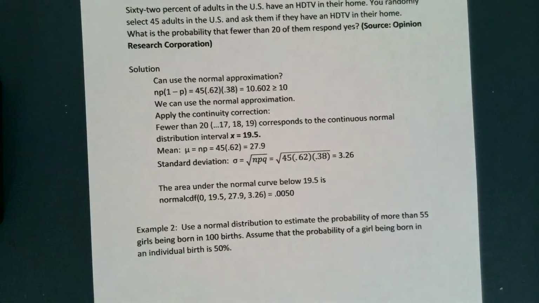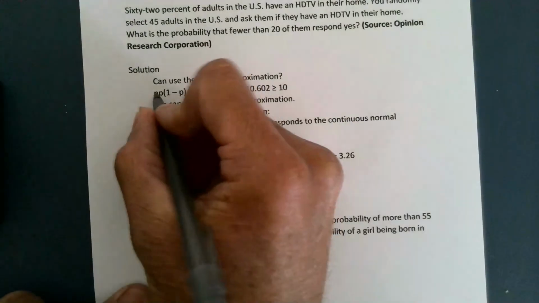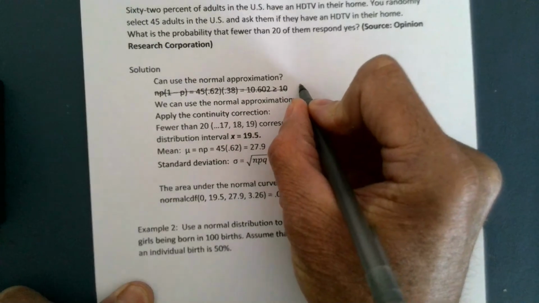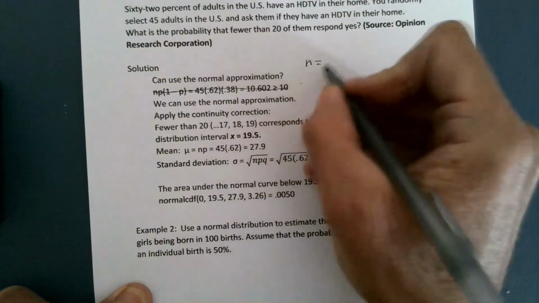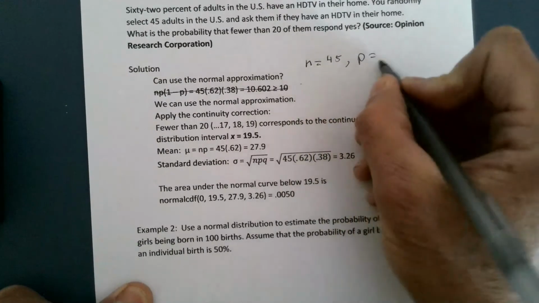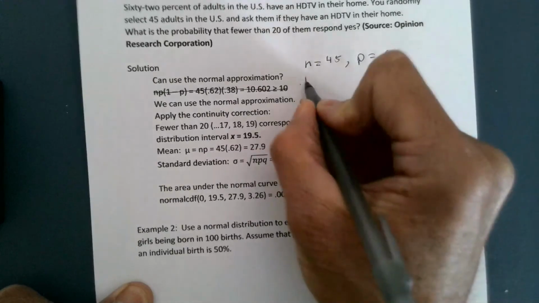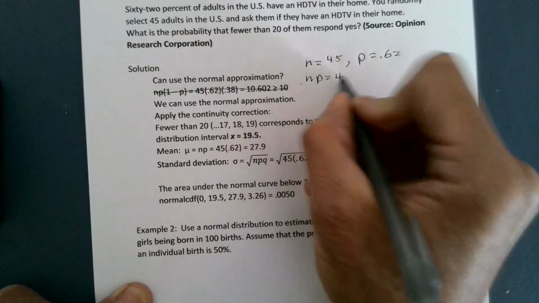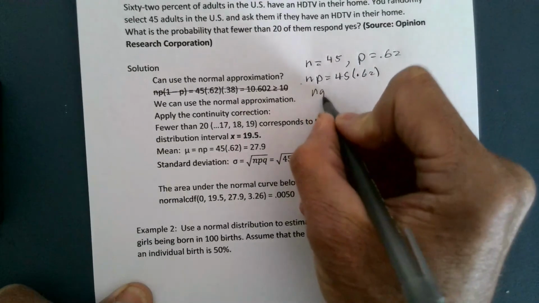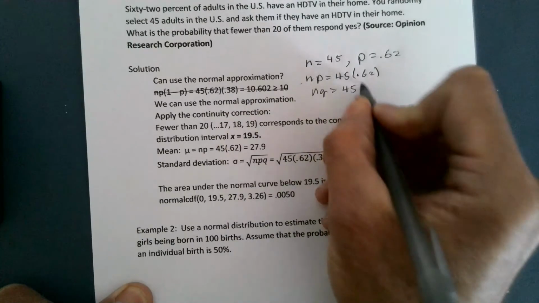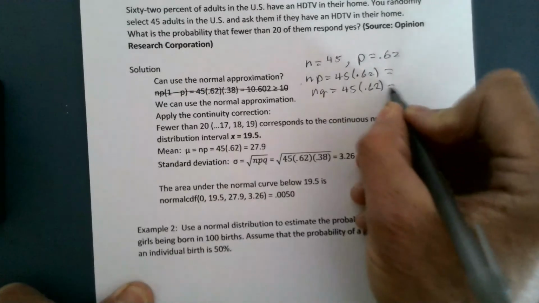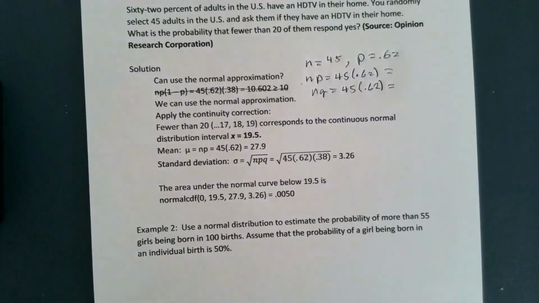This is for a different book, but let's check it. So we have n equals 45 and p equals 0.62. So np would be 27.9, and then nq. Each of these has to be greater than 5.